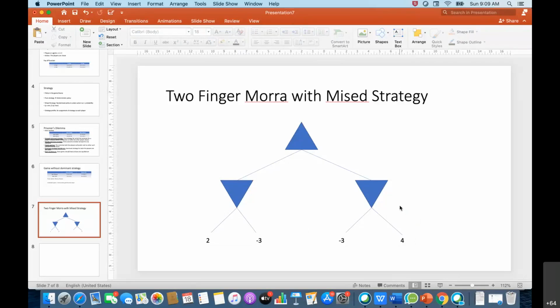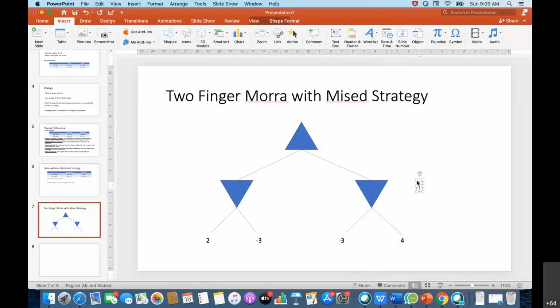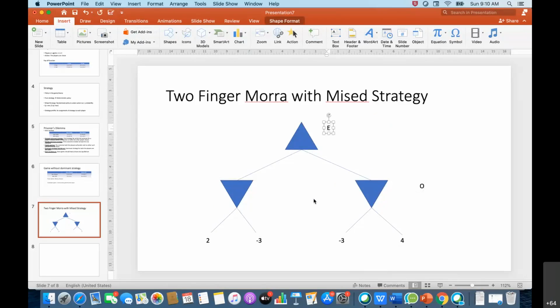Now here, since it is a min-max tree, we shall set it like that for the sake of simplicity. O is here, which is a minimizer, and here in this node E is here, who is a maximizer.